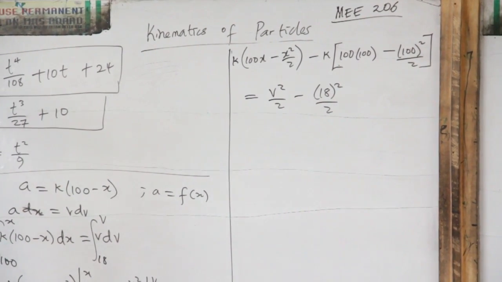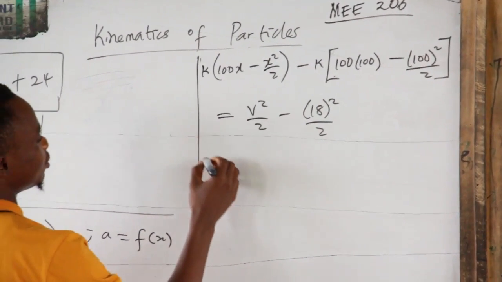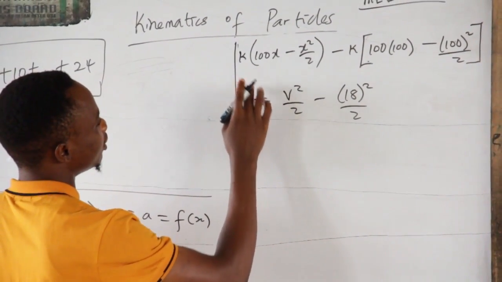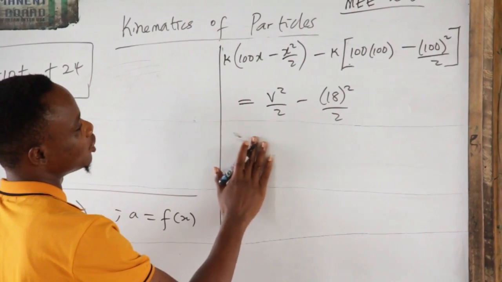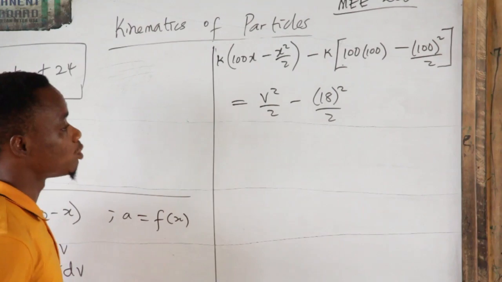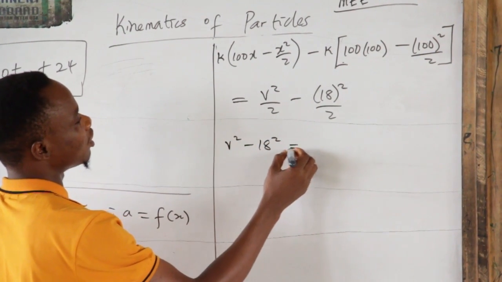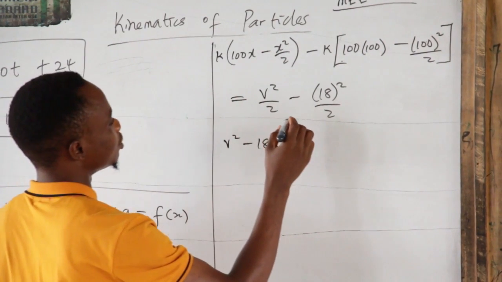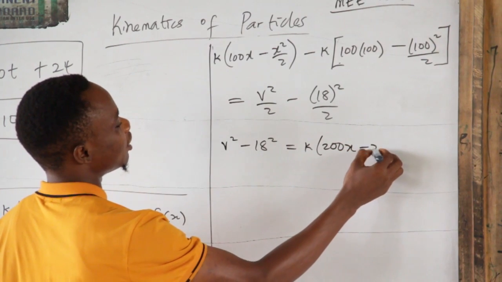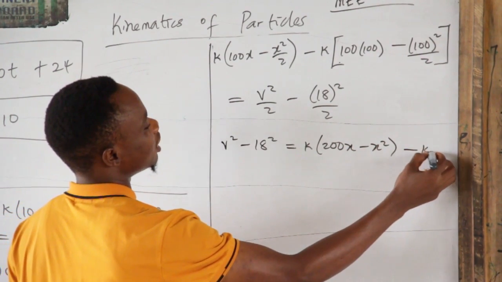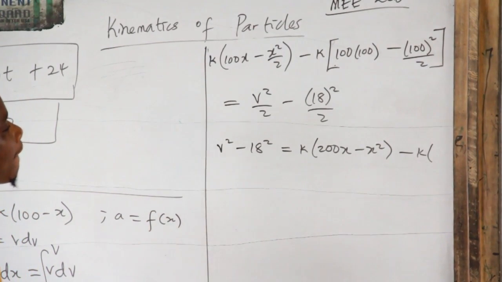So with this we can simplify what we have here. I want to make v the subject. Multiplying all through by 2, I'm going to have v squared minus 18 squared is equal to k into (200x minus x squared) minus k into, what is this one? 100 times 100.